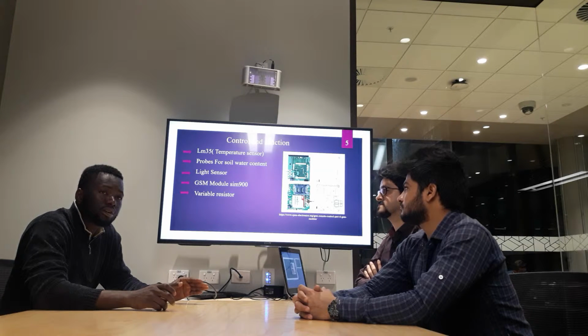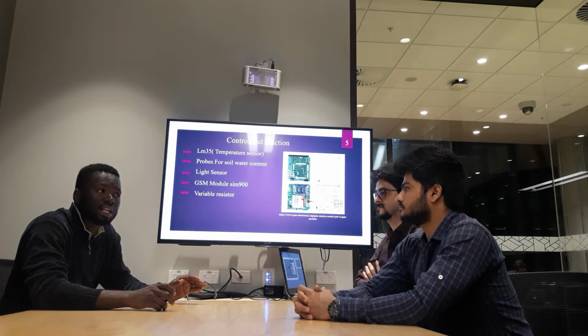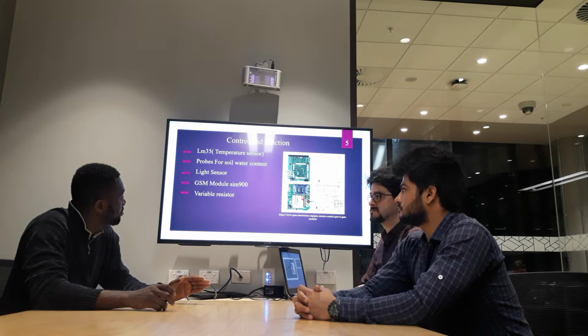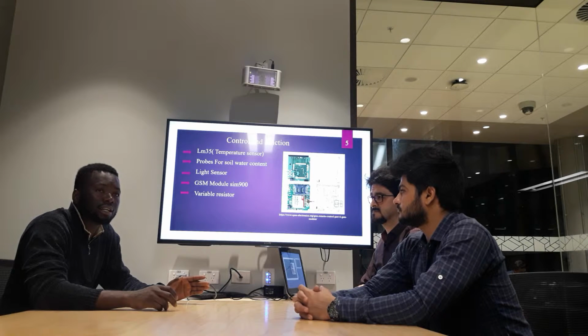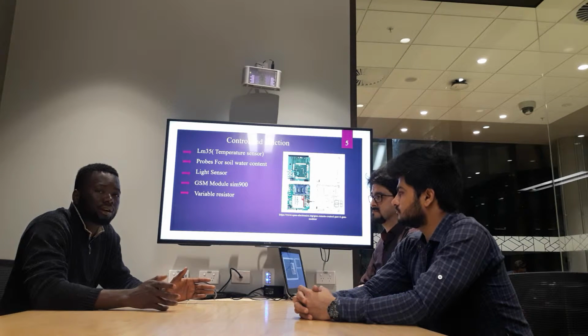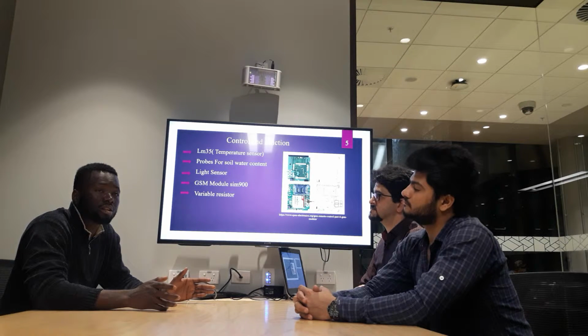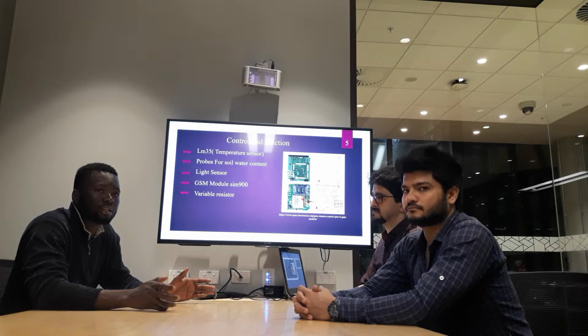Then the light sensor. We understand that the best time to irrigate the farm is in the morning. We are going to incorporate the light sensor to activate the DC water pump in the morning, at exactly around 6:30 to 7 AM. And the GSM module SIM900 is a mobile control that the farmer will use to control the irrigation system from any location.